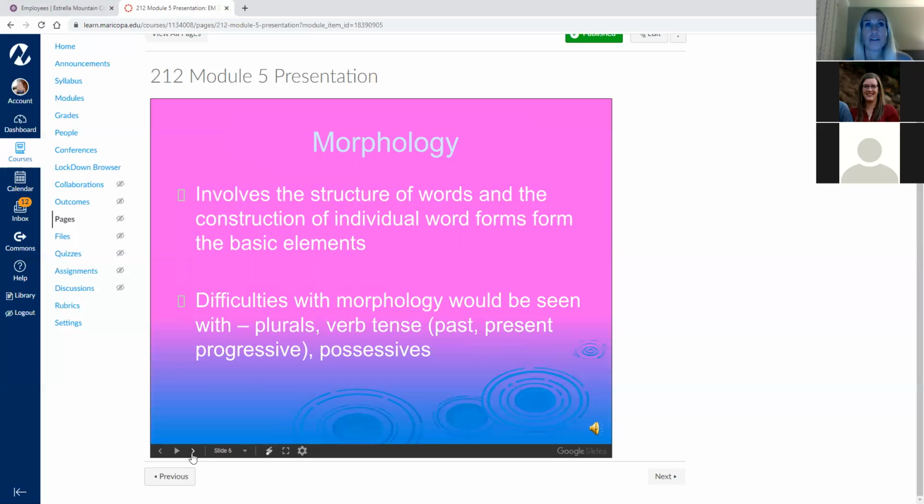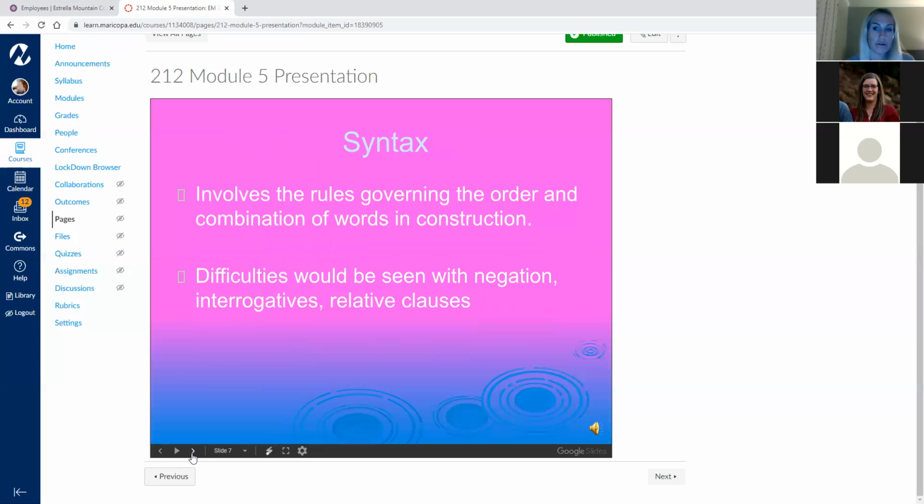But even the prefix, that negation piece, a lot of times we have to teach what it means when we add that prefix to a word. But a lot of times it's the endings, the ed, the ing, irregular past tense verbs, irregular plurals. We sometimes have to explicitly teach that to our clientele that struggle with language.